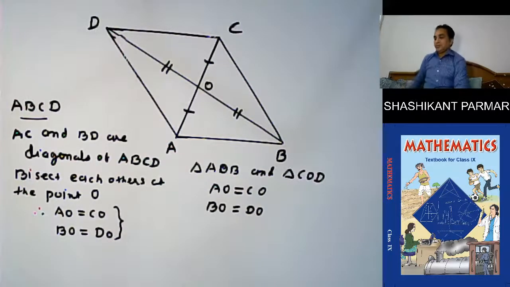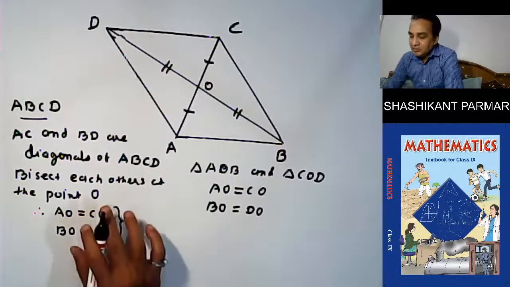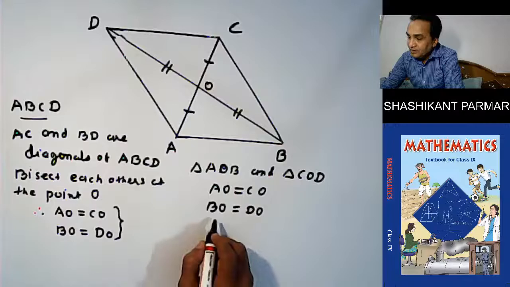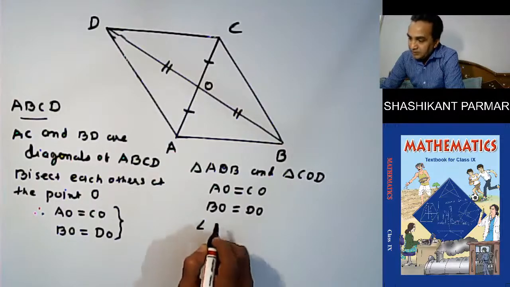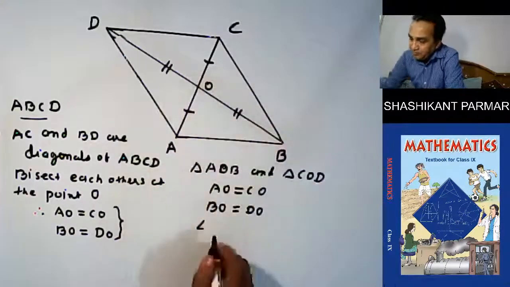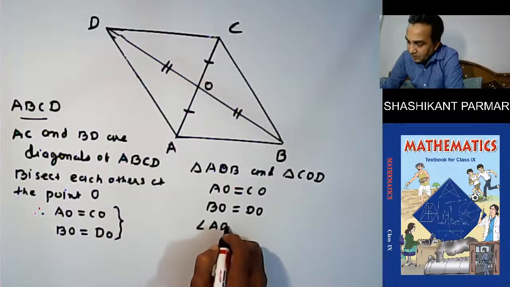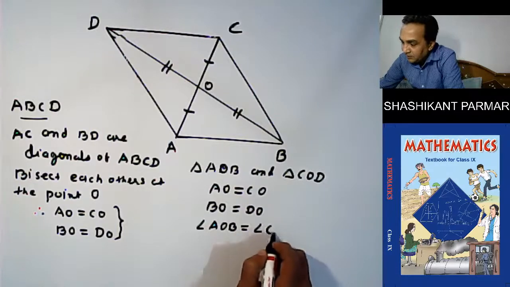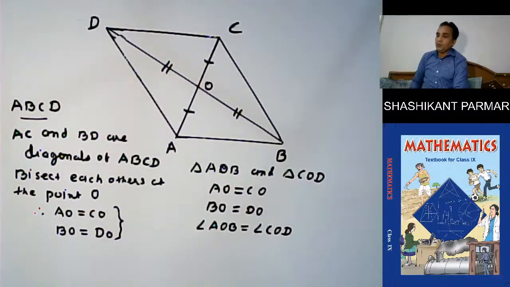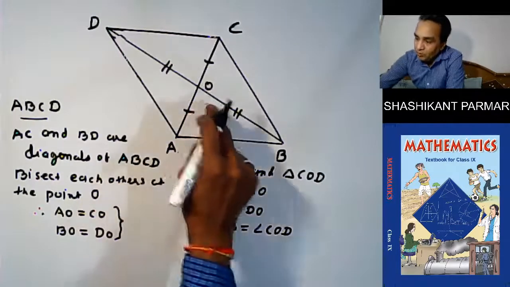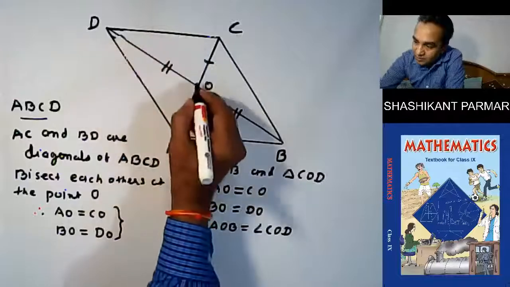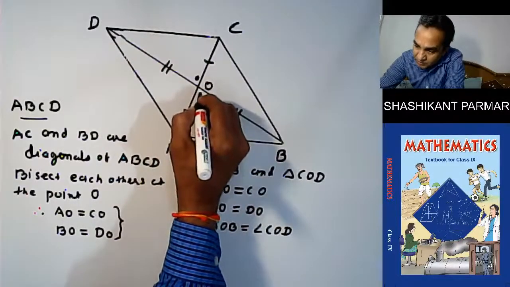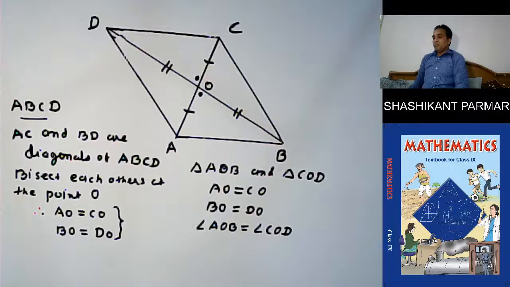This is given because these two diagonals bisect each other at the point. And angle AOB is equal to angle COD. AOB and COD, these two angles are opposite angles.